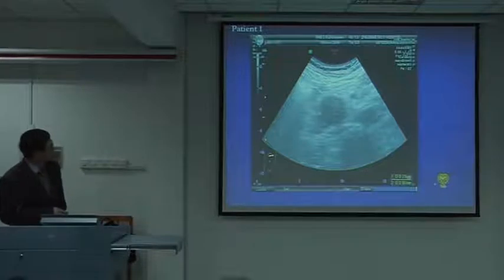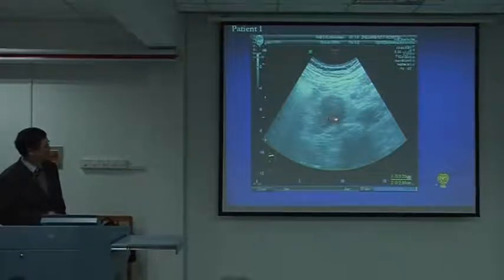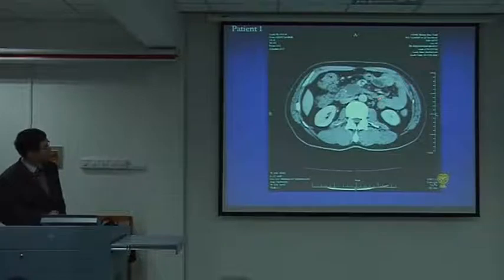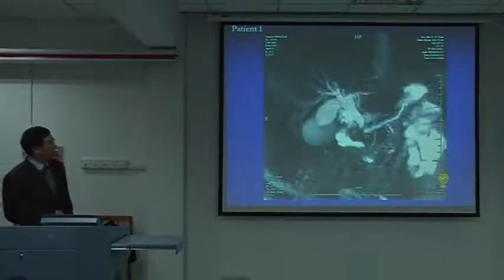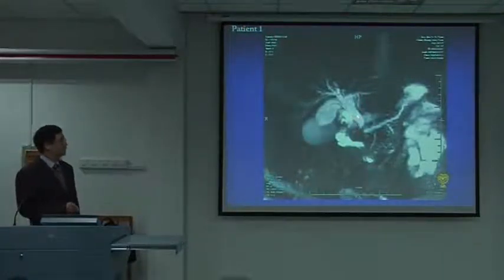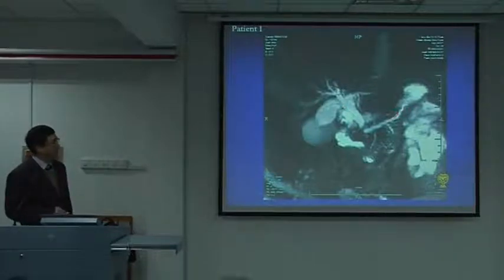This is also an ultrasound of one patient, and we can find a mass. Next we did CT scanning and found a mass in the head of the pancreas. We also did MRCP in this patient, and found a dilated CBD and dilated pancreatic duct.